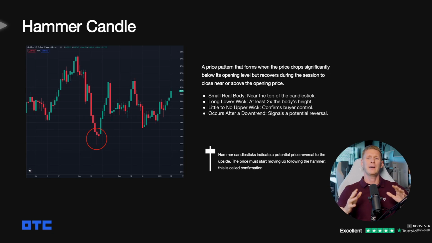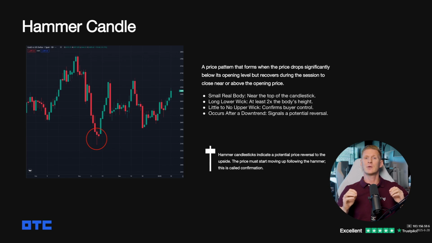Let's start with the hammer candle, a price pattern that signals a potential reversal after a decline. A hammer candle forms when price drops significantly below the opening during the session, but buyers step in, absorb the selling pressure, and push the price back up, closing near or above the opening.